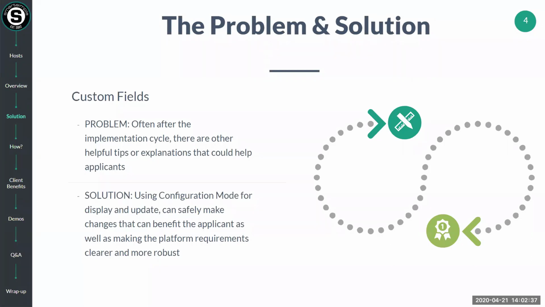So configuration mode means that you can make changes to the display of the field, to the information surrounding the field, without any fear of damaging the data that's being received or how the field should function in itself. Because of course, when you're new to a system, making changes to a field can be quite nerve-wracking.